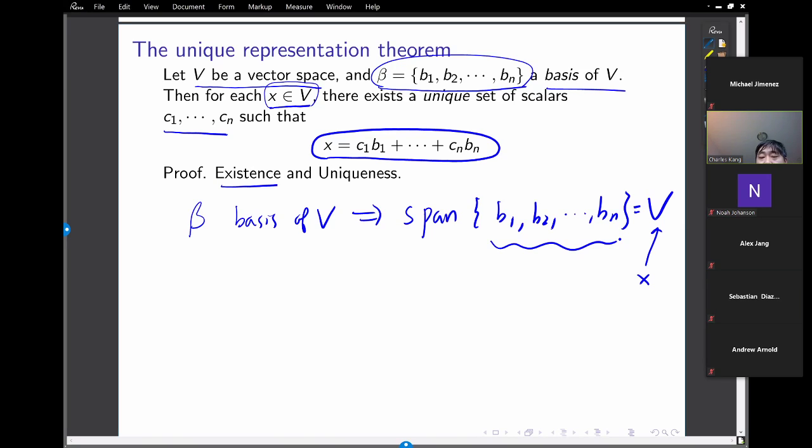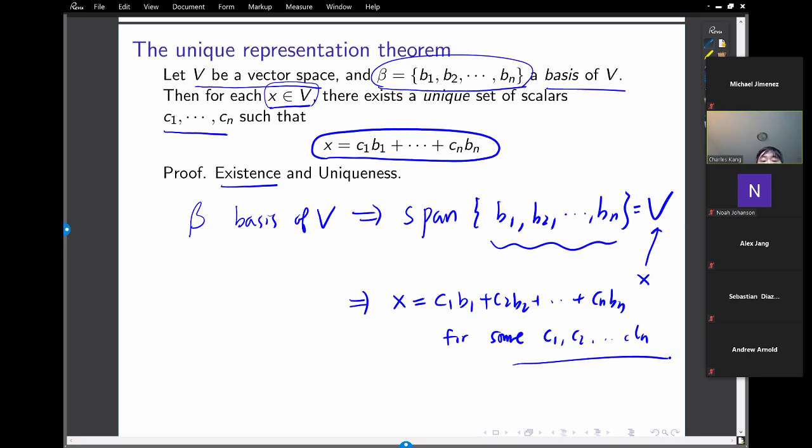That means x can be written as C1 B1 plus C2 B2 through Cn Bn for some C1, C2, through Cn, by definition. So that's the existence.